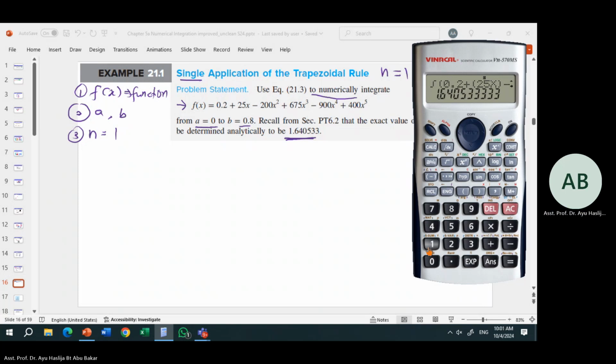After you get your answer, you can refer to this to check whether your answer is correct or not.